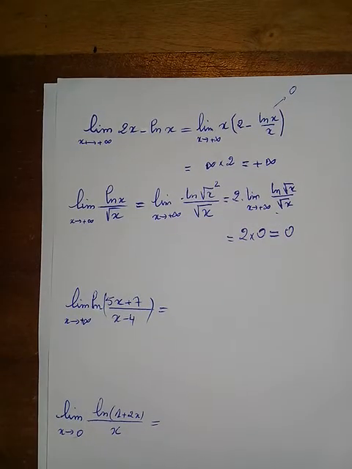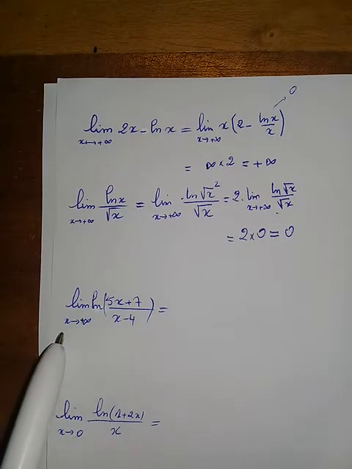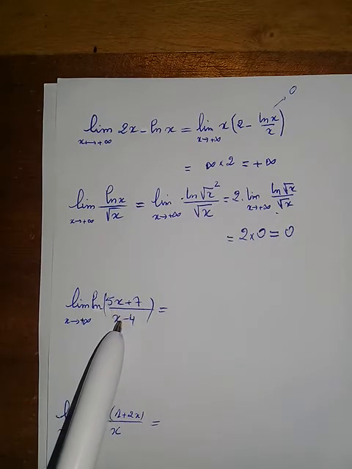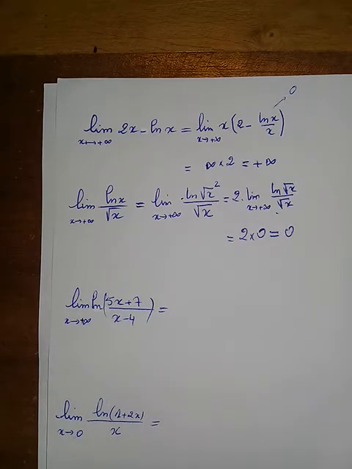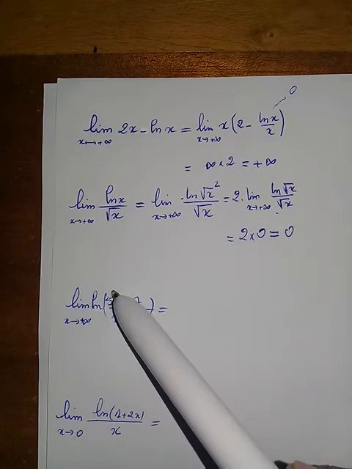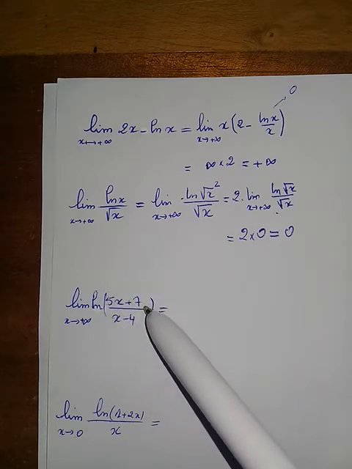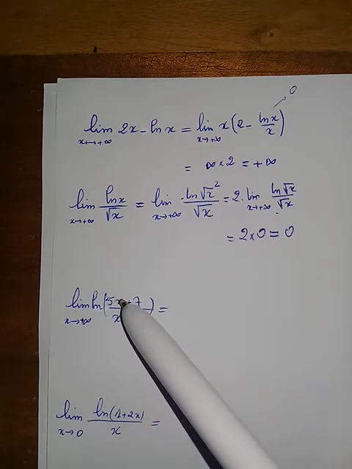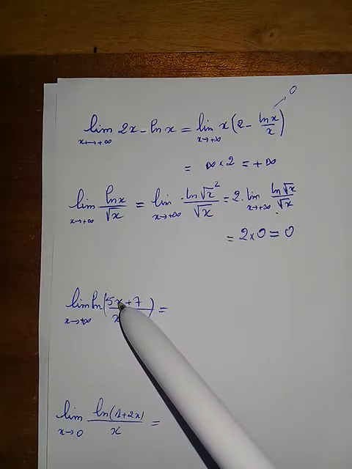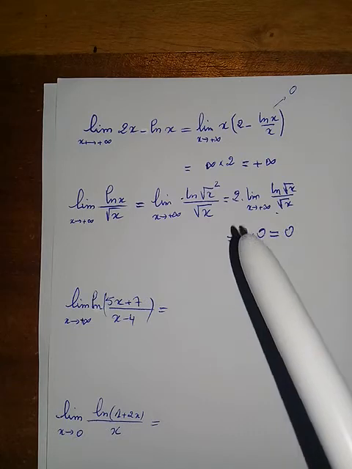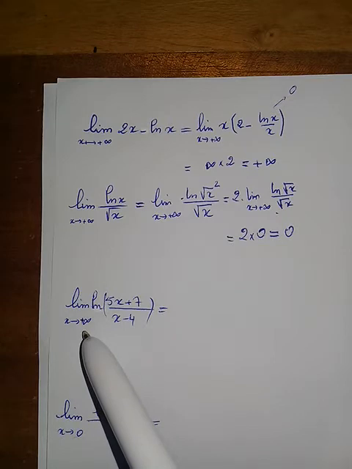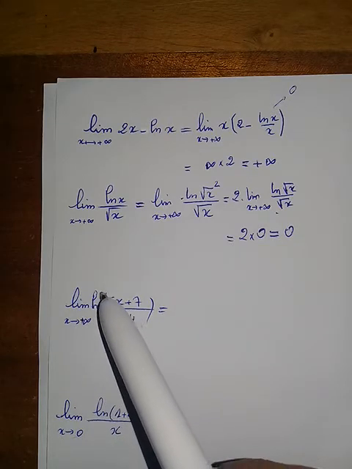The third one: the limit as x goes to infinity of ln((5x plus 7) over (x minus 4)). We can see that the limit inside is simple to evaluate, because it's a rational function. We take the terms with the highest power, so it's the limit of 5x over x, so it's 5. So the limit is ln of 5.